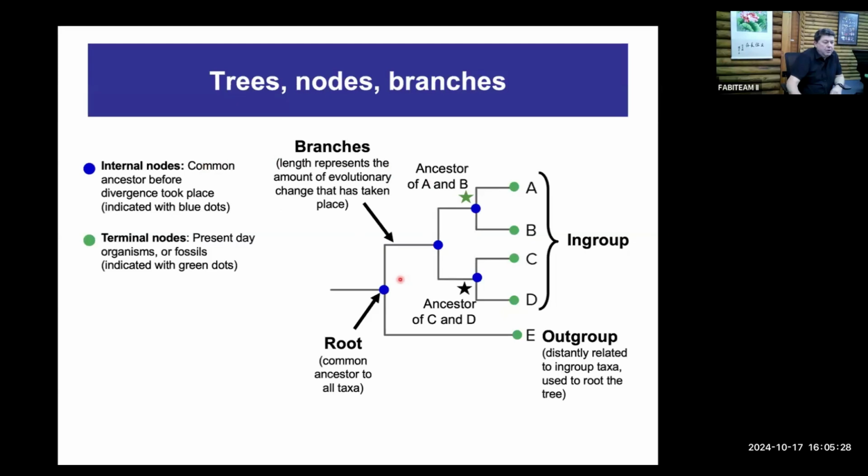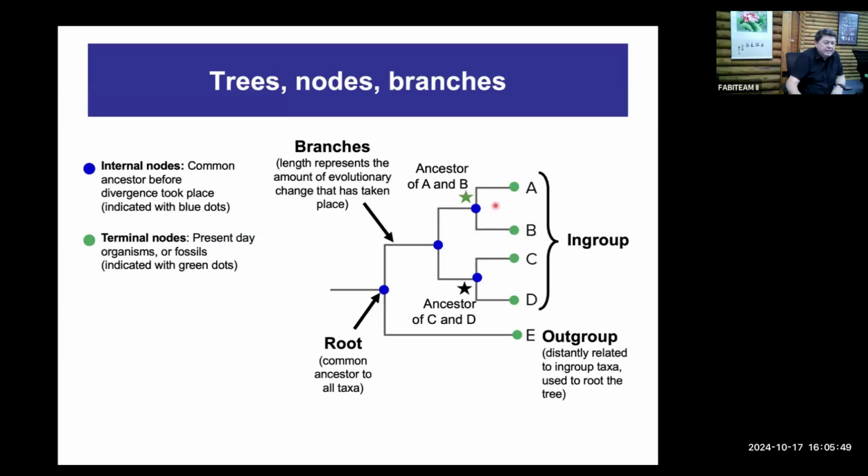The blue nodes are internal nodes. They are the common ancestor before divergence took place. Then we have the terminal nodes. That's the present day organisms, or fossils even, if you have a record or characters for those fossils.